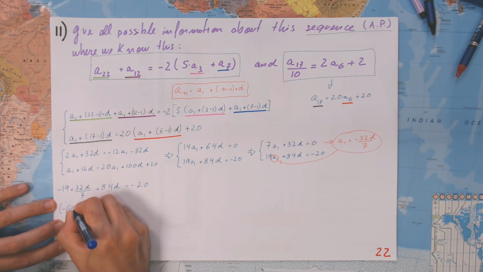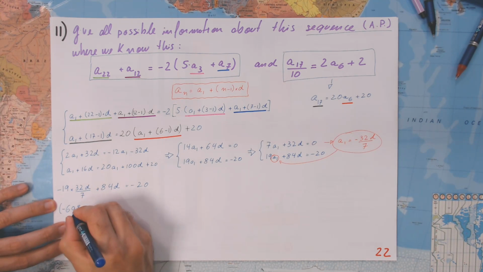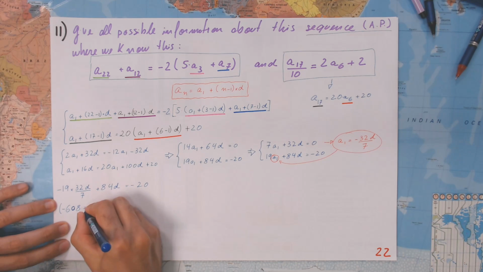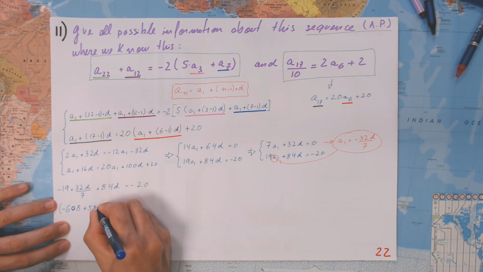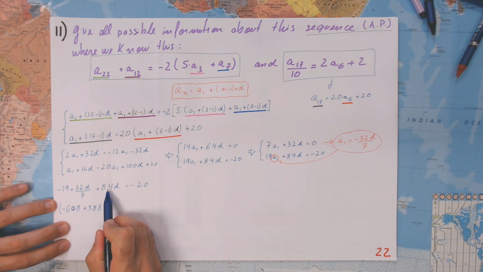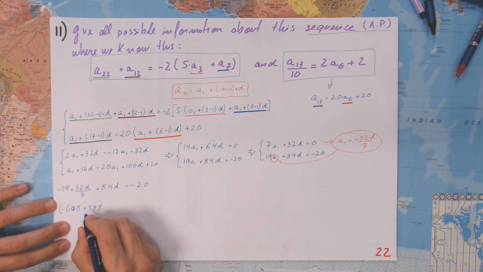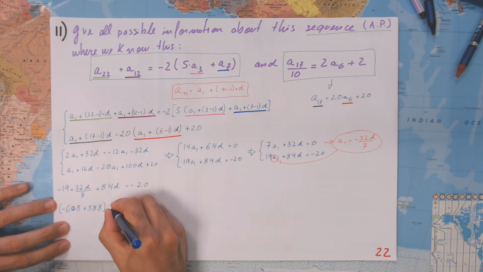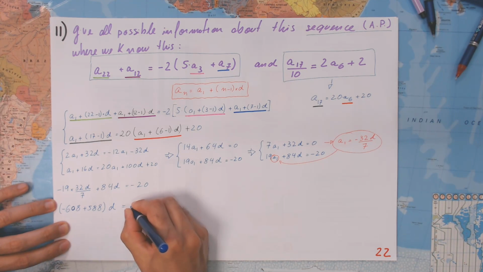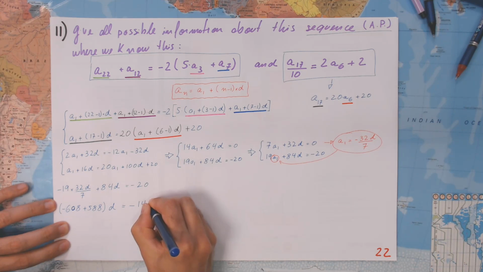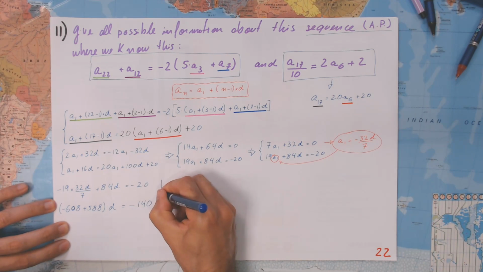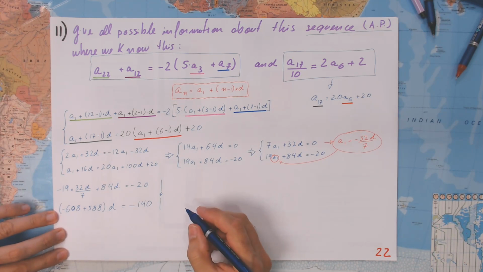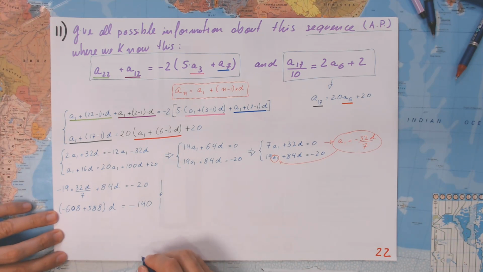Minus 608 D, plus 588 D, because 84 times 7 is 588, equals minus 140.